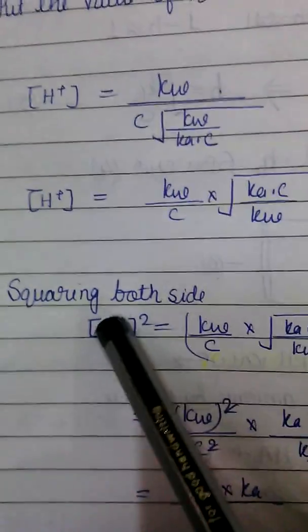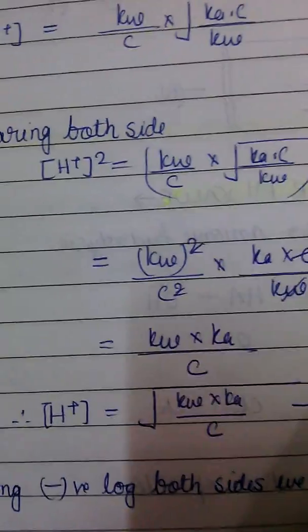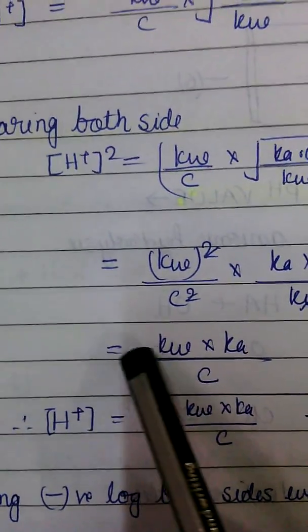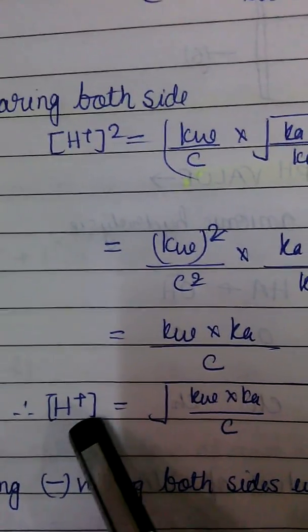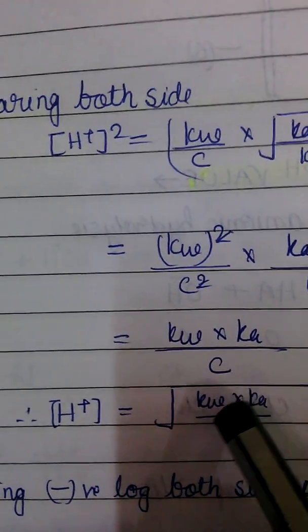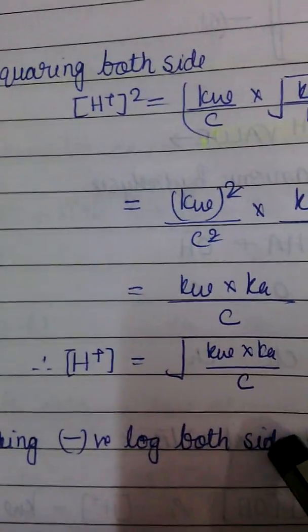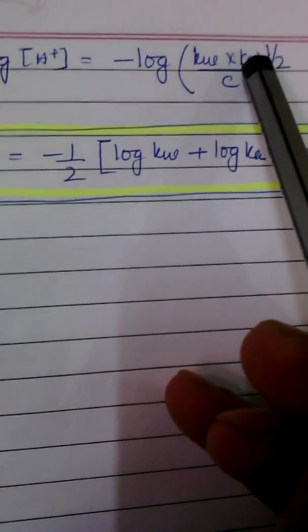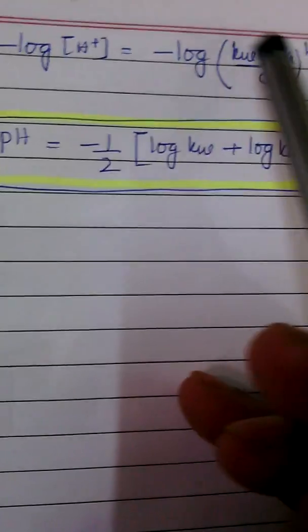Now taking square on both sides and solving this equation, we get concentration of H+ square equal to Kw into Ka by C. Therefore concentration of H+ equal to root under Kw into Ka by C. Now taking negative log on both sides, we get minus log H+ equal to minus log of Kw into Ka by C, and the root changes to a half, 1 by 2.